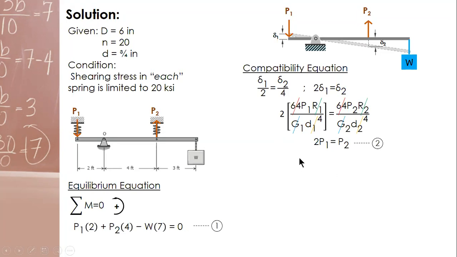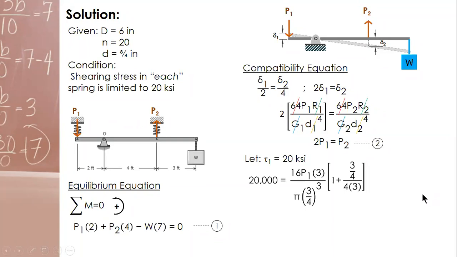Now let us test. First, let the stress in spring 1 be equal to 20 ksi. We allow the maximum that spring 1 can experience. Since the problem does not indicate to use Wahl's formula, we will use the basic formula.